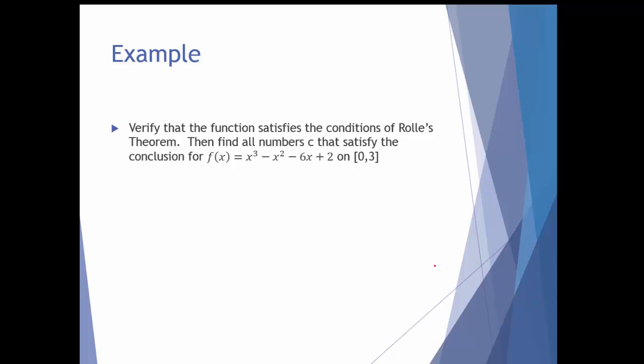If this were, for example, a test question, it's not that you have to have Rolle's theorem memorized word for word, but if you don't know the conditions of Rolle's theorem and the conclusion of Rolle's theorem, you can't answer this question. So I will never ask you to rote memorize a theorem, but you do need to know generally what are the conditions and what are the conclusions for things like this. So the conditions, it's got to be continuous and differentiable on [0, 3].